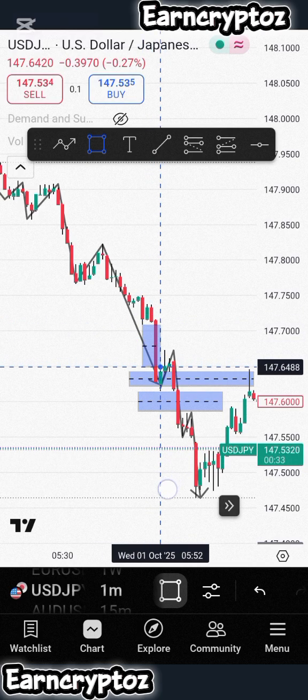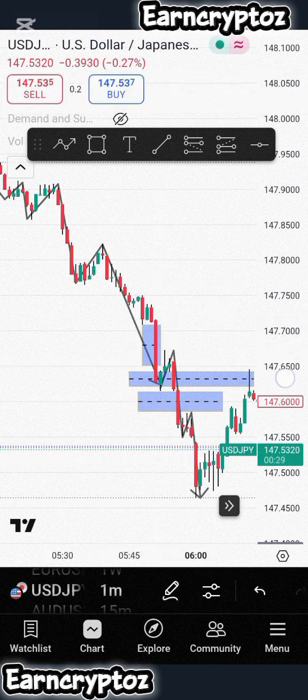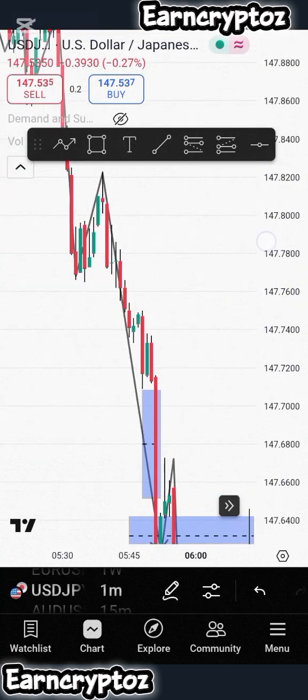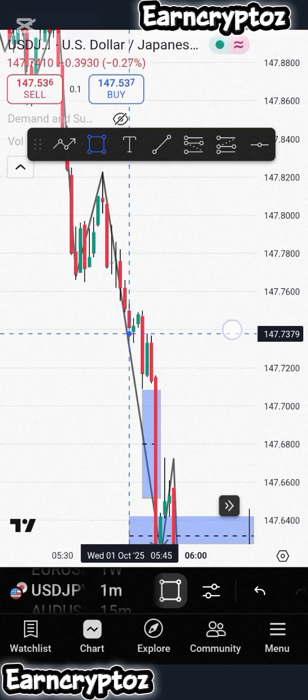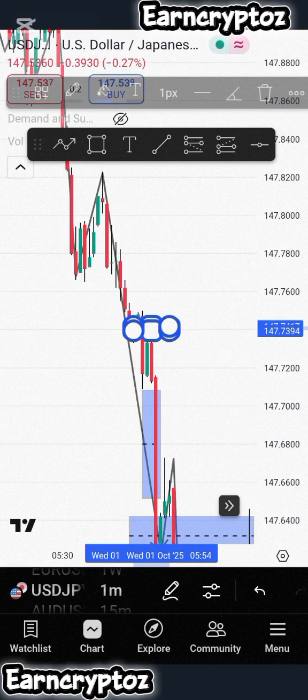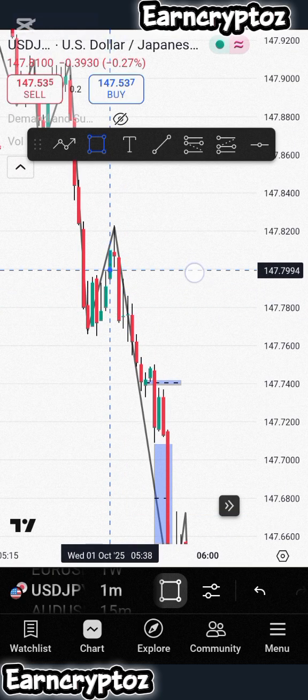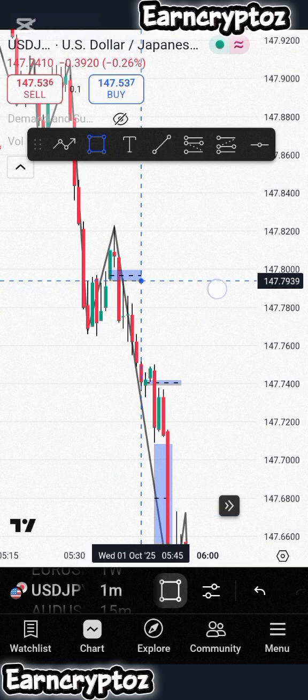You can see between the three candles, the candles do not overlap. There's another small gap right here. So this is just an example. You don't have to identify all the gaps. I'm just showing you that these are gaps.